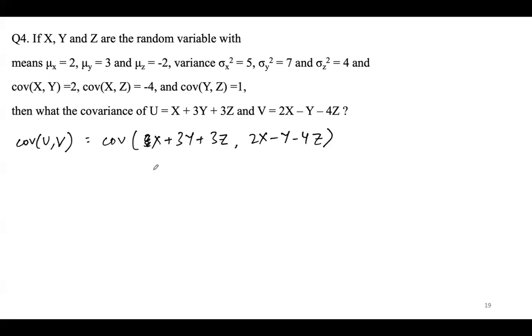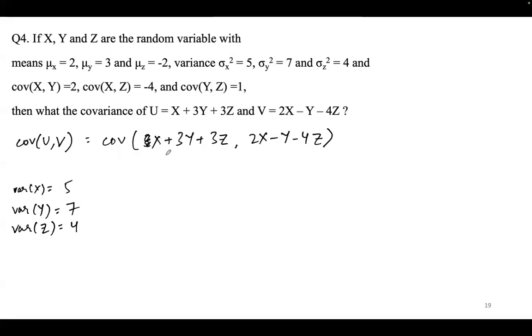So first of all, we need to calculate some values. So we have the variance of X with us, right? That is 5. We have the variance of Y with us, that is 7. We have the variance of Z with us, that is 4.